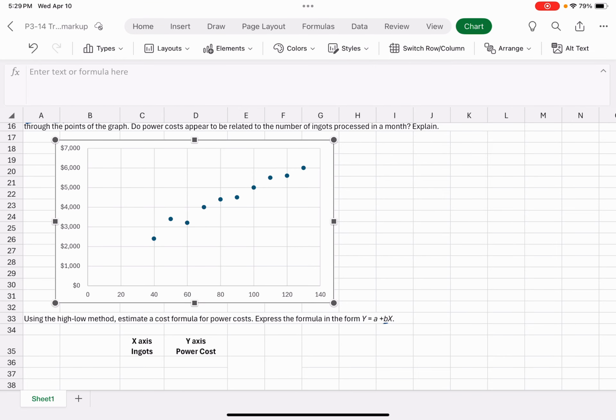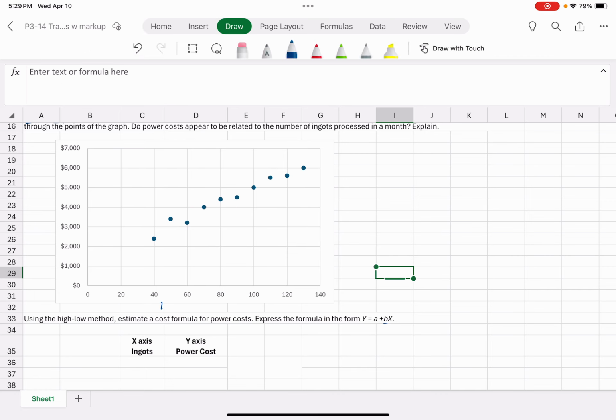Okay, so there we are. Now, the x-axis along the bottom, that's the number of ingots processed. And then along the y-axis here, that is the power costs. Now this is the cost, the power costs, that we will try to forecast later in the question.